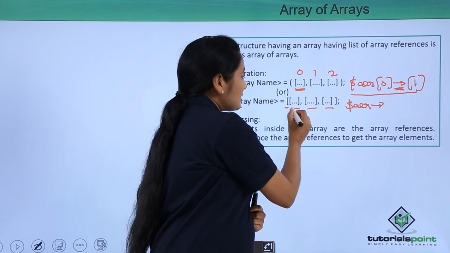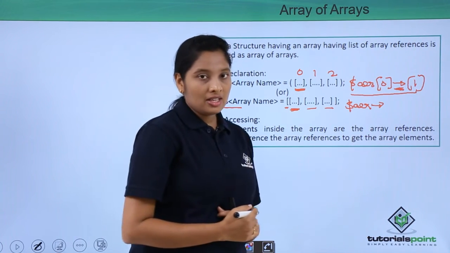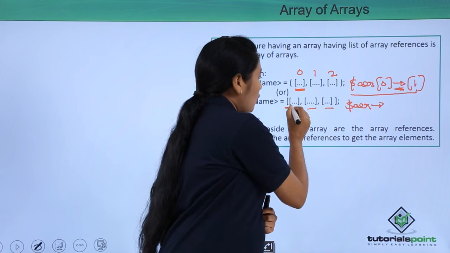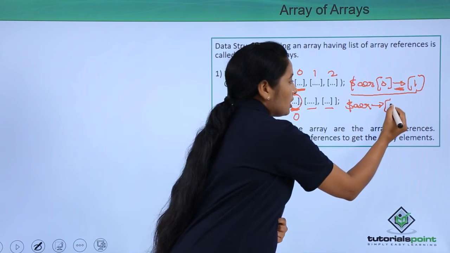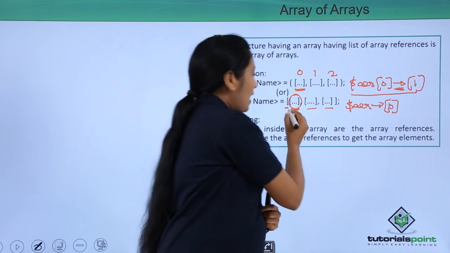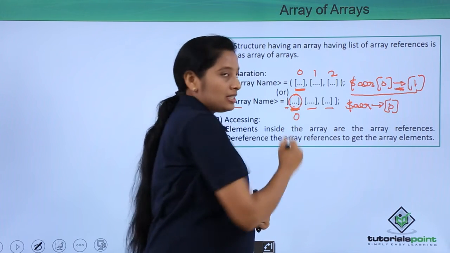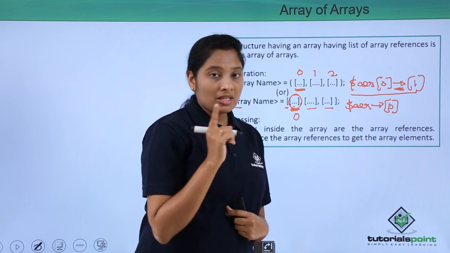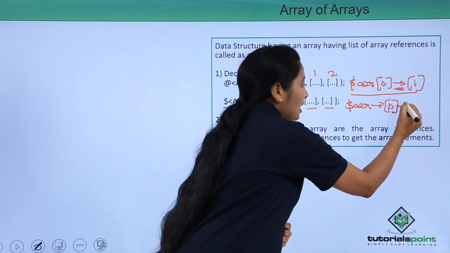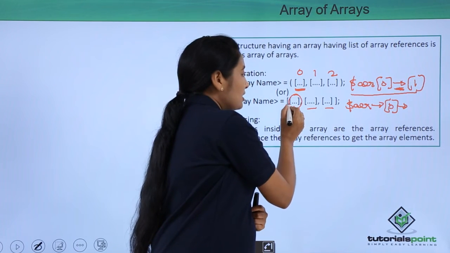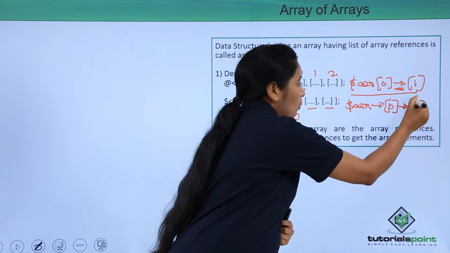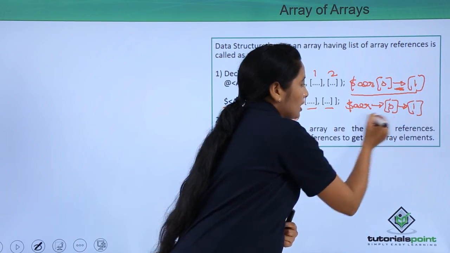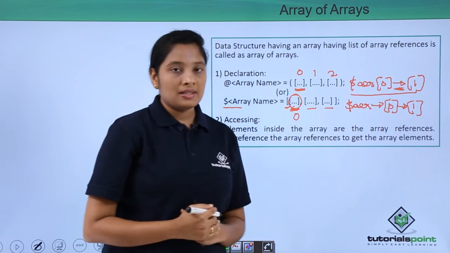To access the second element in this array reference, the index number of this array reference is 0, and the element index number is 1. Use an arrow symbol as our array reference starts with a square bracket. This is how you can access.